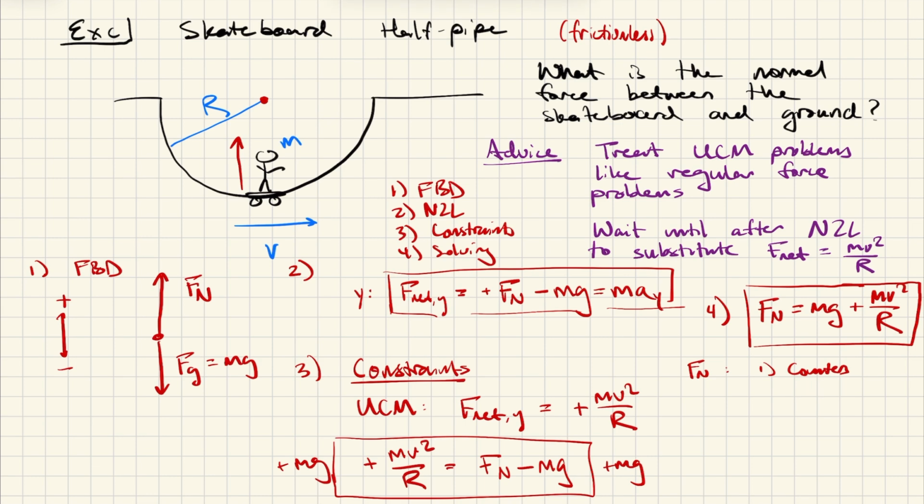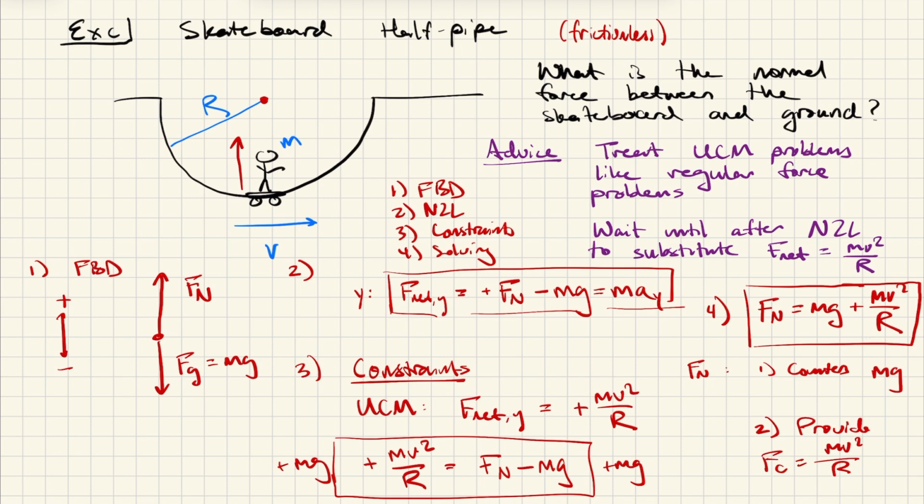And the second job of the normal force is to provide mv squared over r to make sure that the object in question is still on our circular trajectory, okay? And that's why it makes sense that this normal force ends up being mg plus mv squared over r, right? It has to beat gravity, and on top of beating gravity, it has to also steer our skater, okay?